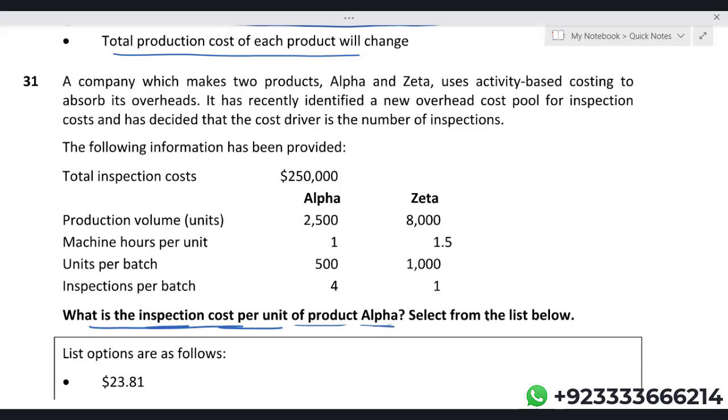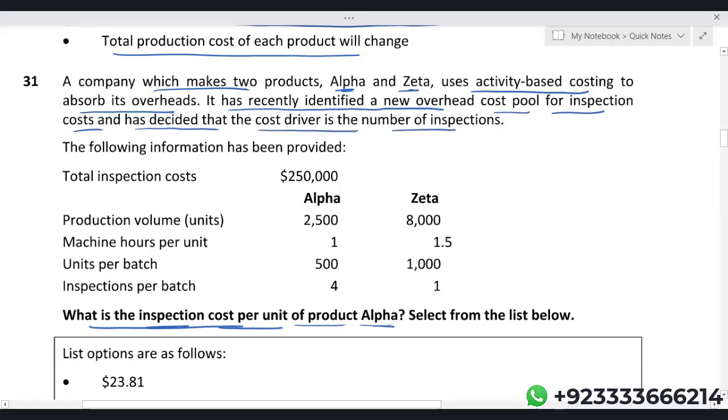Okay, let's read the data. A company which makes two products, alpha and zeta, uses ABC to absorb its overheads. It has recently identified a new overhead cost pool for inspection costs and has decided that the cost driver is the number of inspections, which is very much logical.